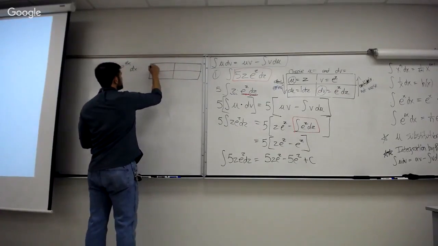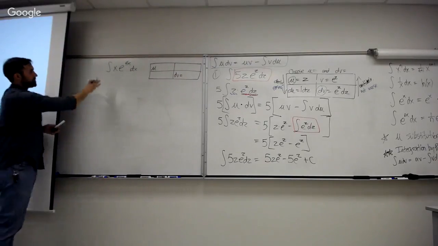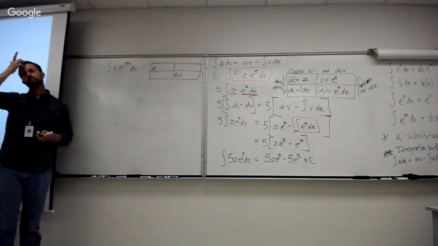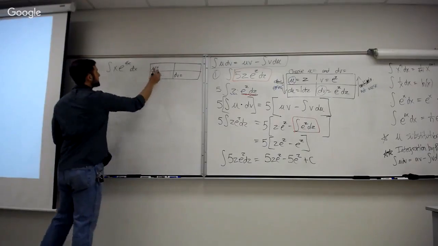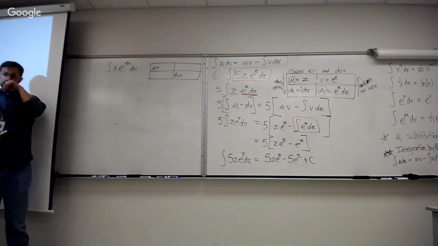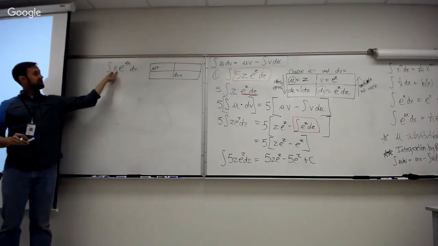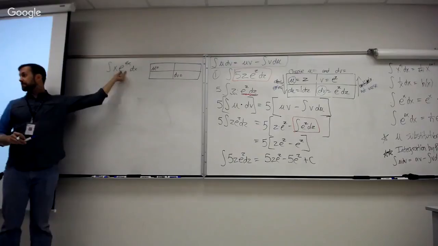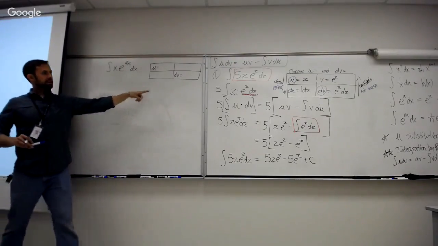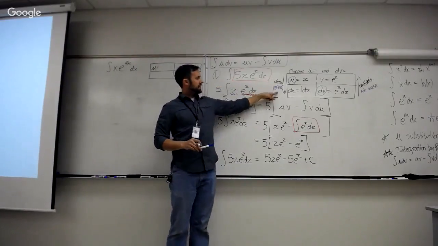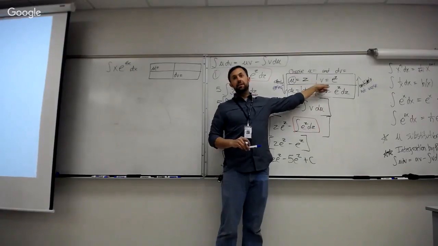We need to choose a u, and we need to choose a dv from there. Well, there's really only two parts to choose from. You've got the bit that's x, and you've got the bit that's e to the 4x. I want to show you what I mean by, on the u side, the derivative should get easier, and on the dv side, the antiderivative should get not worse.